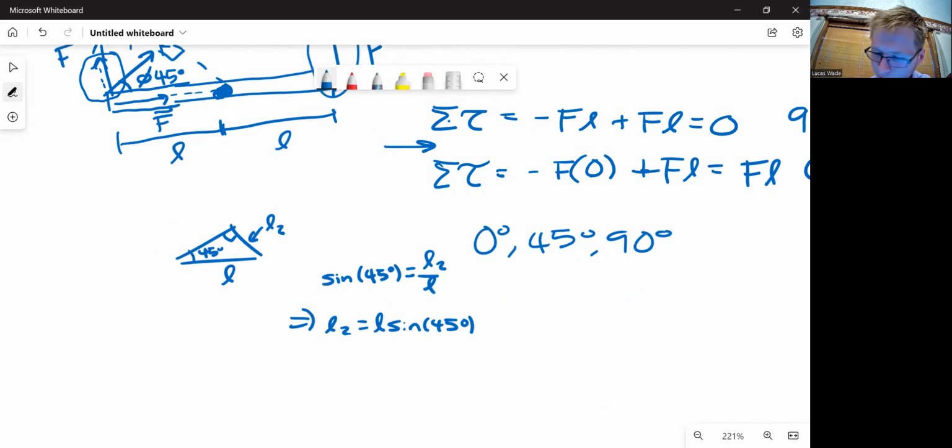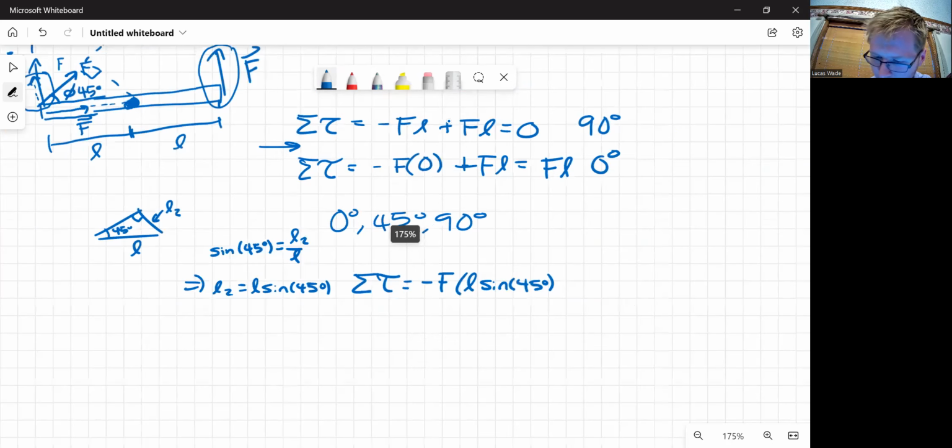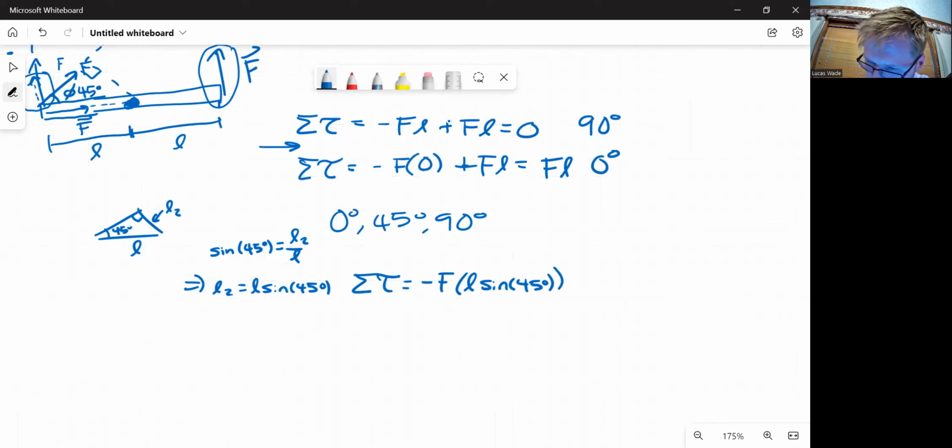And so our net torque is negative F times L sine 45, which sine 45 is square root 2 over 2, I believe. So plus FL.